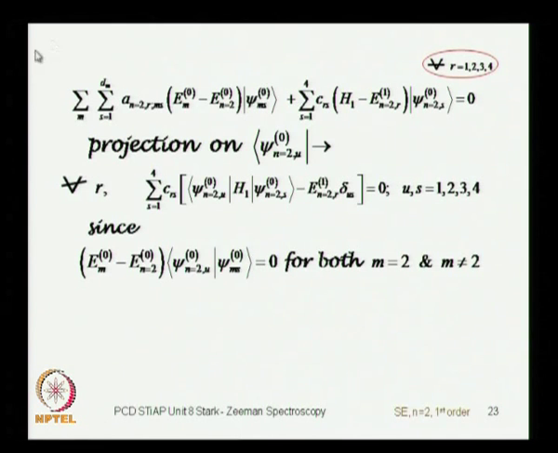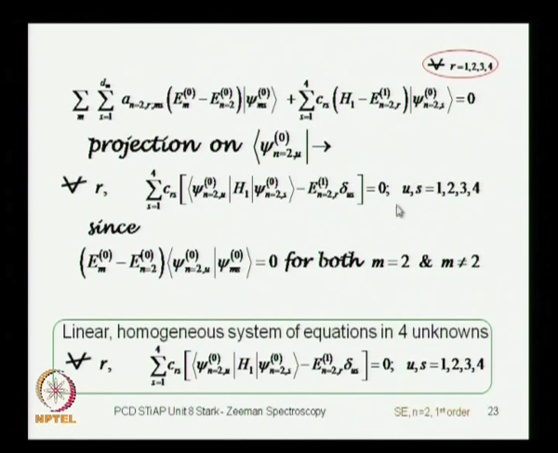So, we do not get any contribution from this side when you take the projection, and then you are left with a system of linear homogeneous equations coming from here. So, you have got for every r a system of linear homogeneous equations, and there are 4 unknowns for every value of r, and this is the system of equations that we now want to solve.